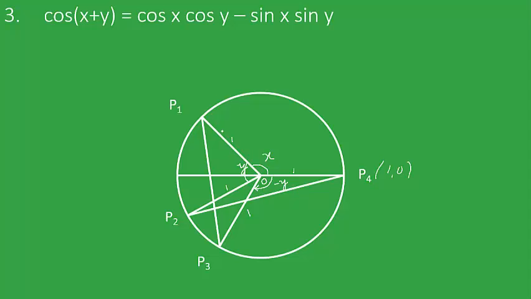So to solve this, we start by proving that the triangle P1 O P3 is congruent to P2 O P4.